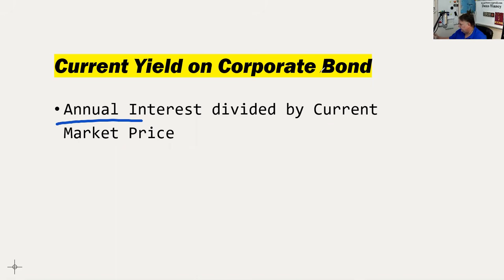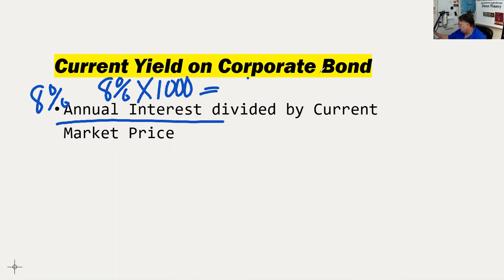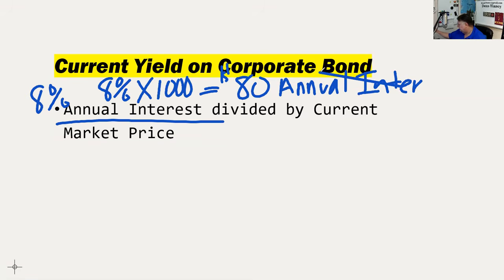So you might have to work for this, based on me telling you, for example, that it's an 8% bond. And you say, okay, that 8%, the issuer says, we don't care who's got the bond, we're paying 8%. That's based on par, so you're going to have to figure out that it pays $80 in annual interest. Again, you might have to do this intermediate step.